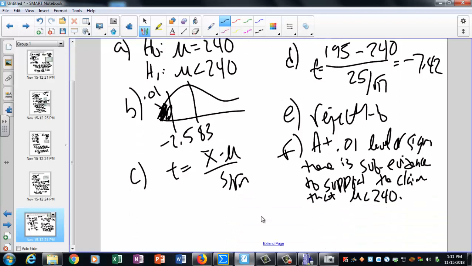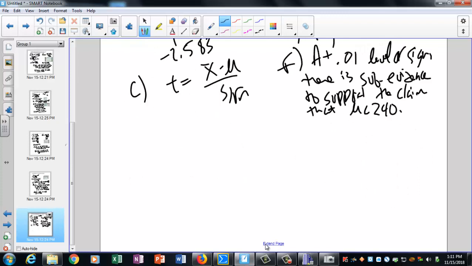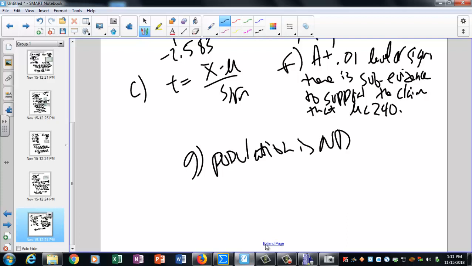What is G? Population is normally distributed, and sigma is unknown.